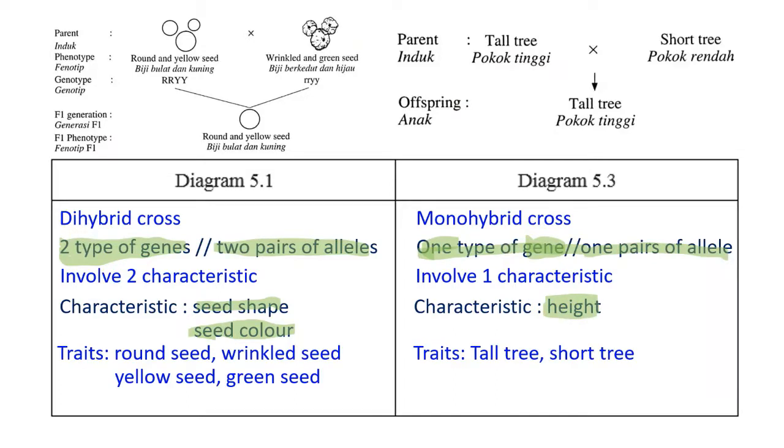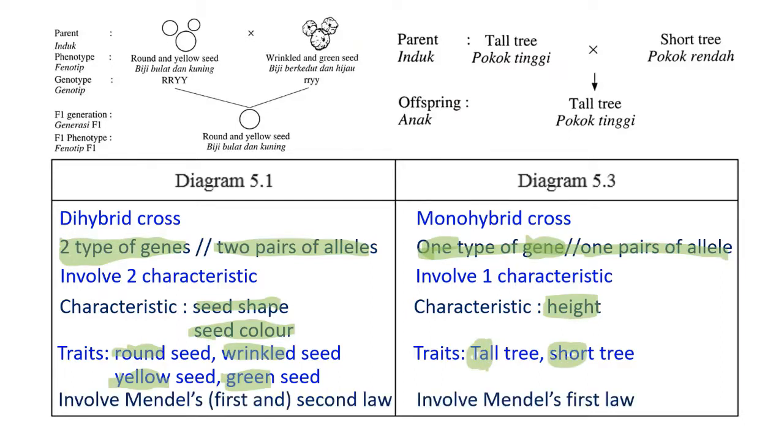For the traits, the seed shape can be round or wrinkled, and the color can be yellow or green. For height, the trait can be tall or short. Diagram 5.1, the dihybrid cross, involves Mendel's second law. Diagram 5.3 involves Mendel's first law.